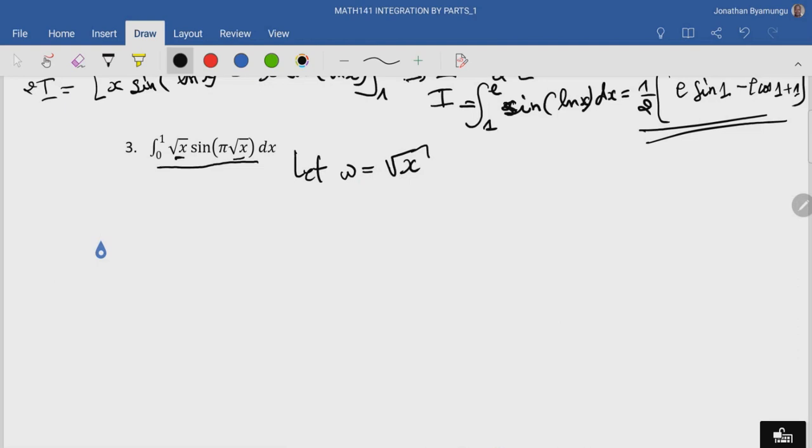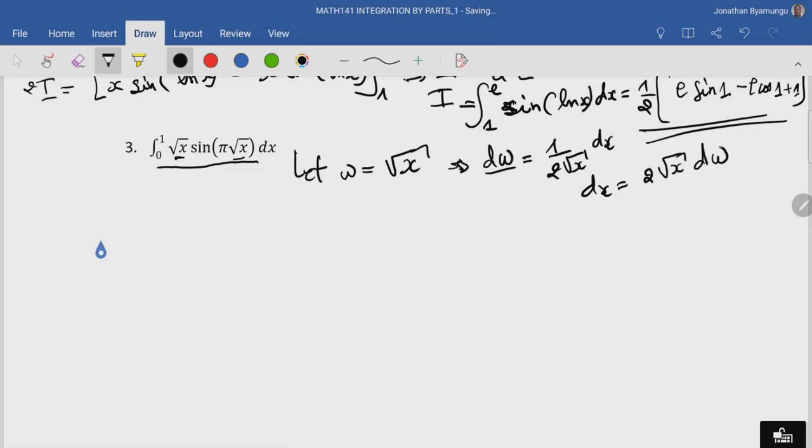So let's call it the w substitution, and we let w be equal to the square root of x, which means that dw will be equal to 1 over 2 root x dx, right? Meaning that dx will just be equal to 2 root x dw.